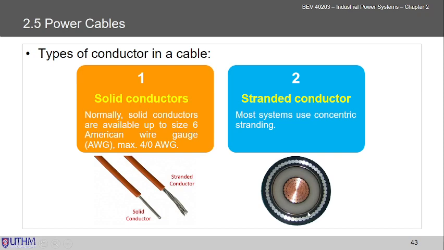So it is more organized. You can see this is the conductor, this is the neutral, and this is the insulation. Of course you have the shield here and the shield here, and finally you have the jacket outside here.